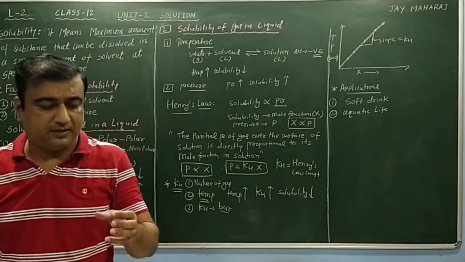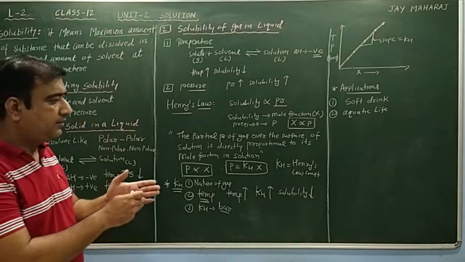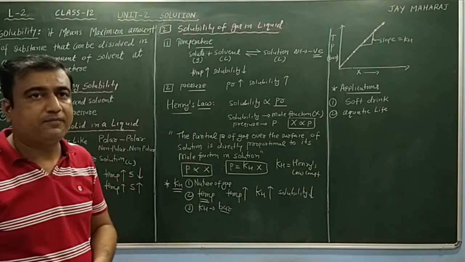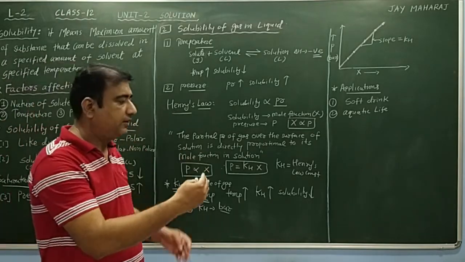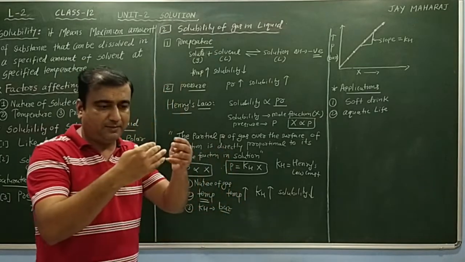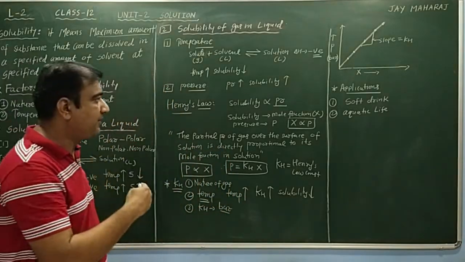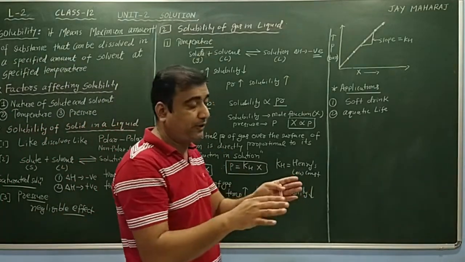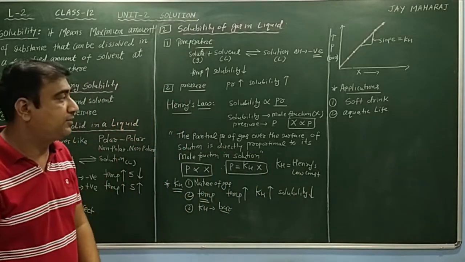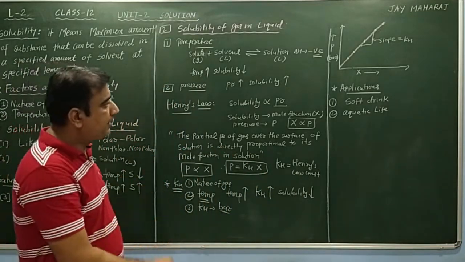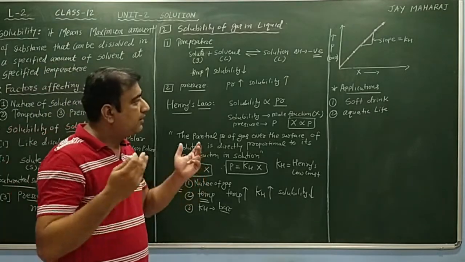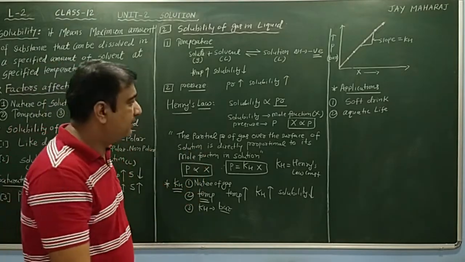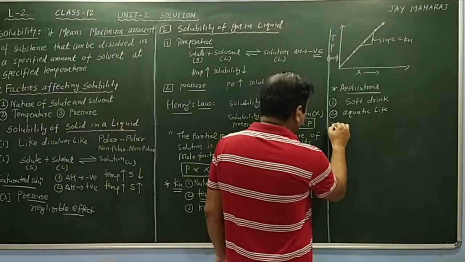That means at high temperature, the oxygen dissolved in water is less. At low temperature, temperature decreases, solubility increases. That means at low temperature, more oxygen is dissolved in water. So aquatic life is more comfortable in water at low temperature compared to high temperature.